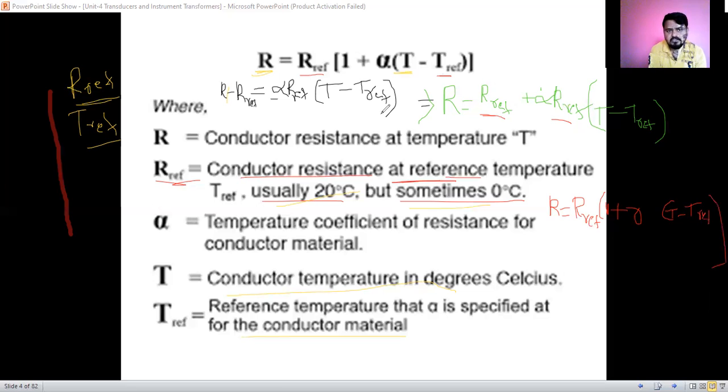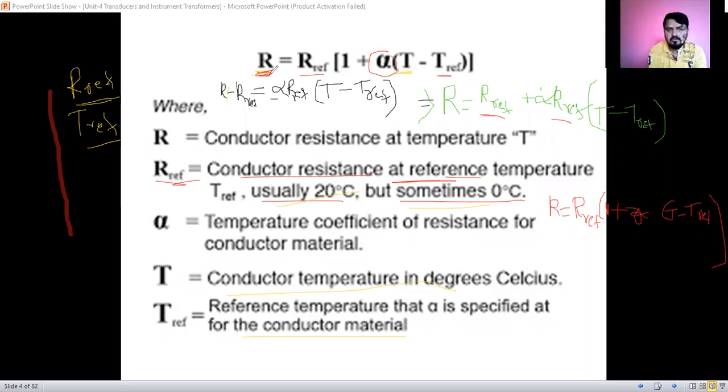You compare with this equation: R equal to R reference, 1 plus alpha, T minus T reference. So this is the change in resistance. The resistance temperature coefficient, actually, we have to measure the value of alpha here now.